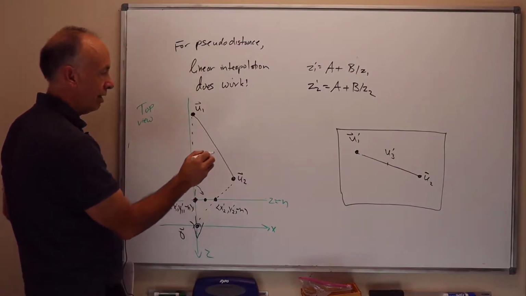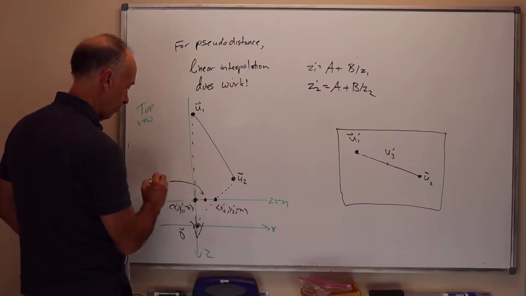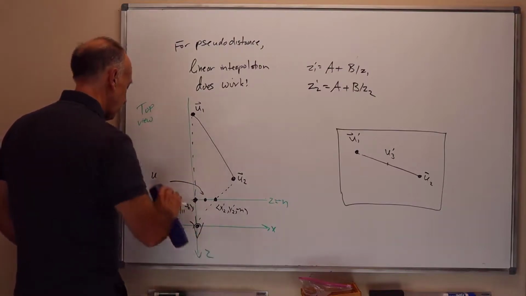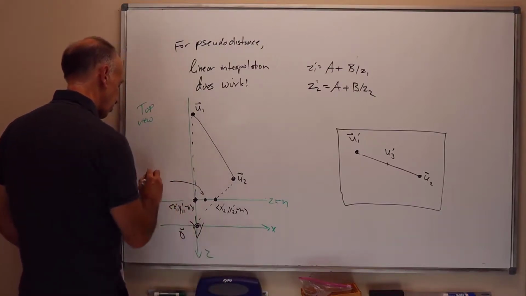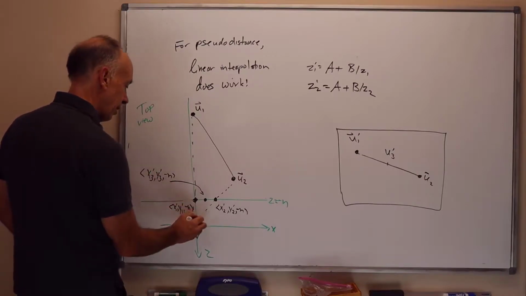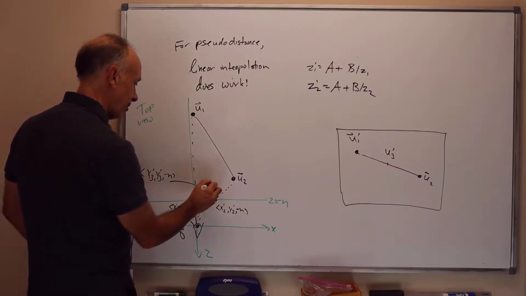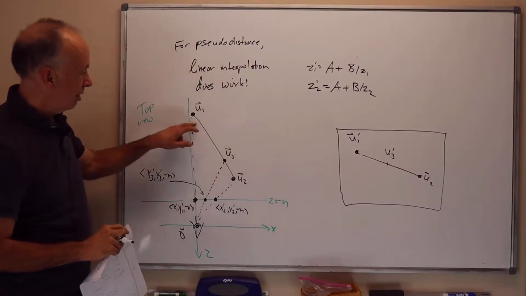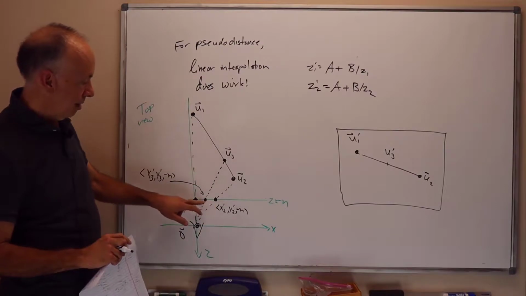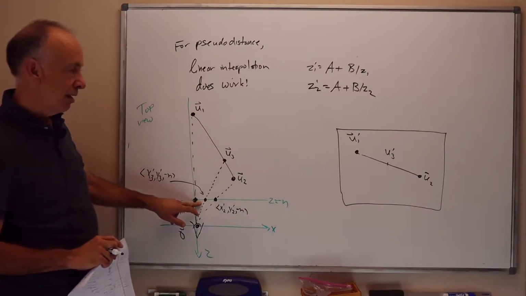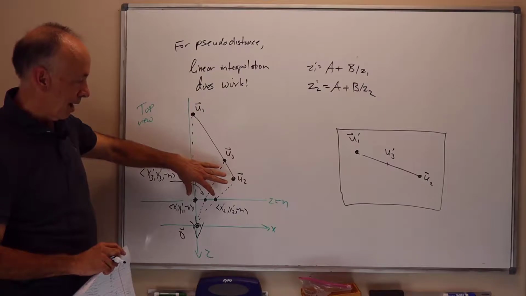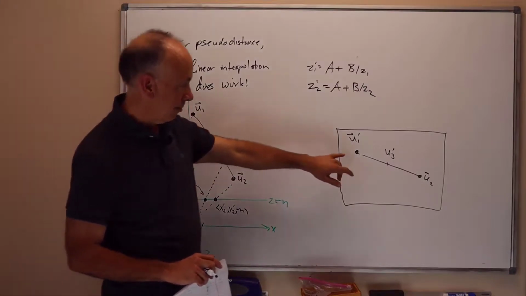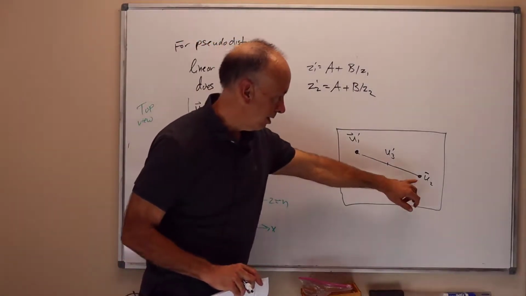And where is u3 on this thing? Well, here's x3 prime, y3 prime, minus n. And then we see where that came from on the line. Here is U3. It's the point on the line segment from U1 to U2 that, by the perspective transformation, goes to the middle of the line segment from U1 prime to U2 prime.